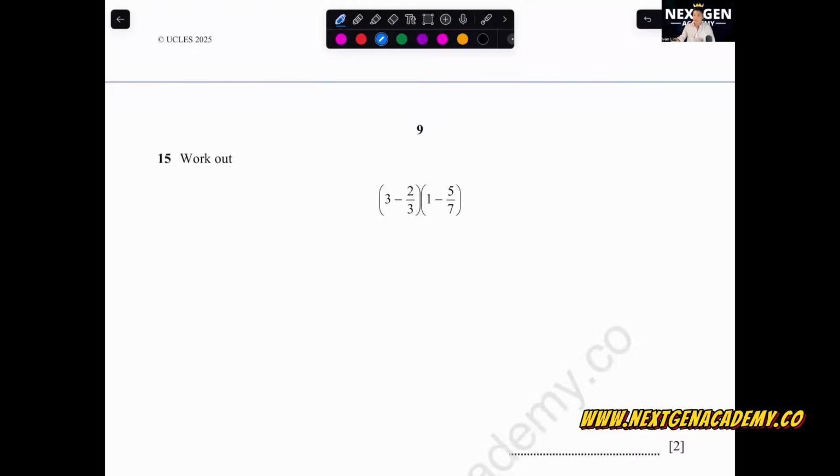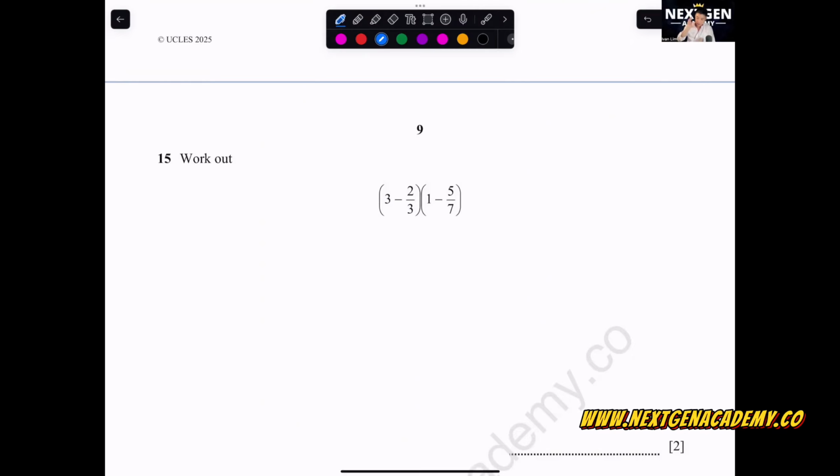How do you get 1 over 3? Okay, 2 and 1 over 3. Alright, wait. Let me ask you all a simple question. What is 3 minus 2 over 3 first? Anyone? 2 and 1 over 3, right? Okay, how to do it?